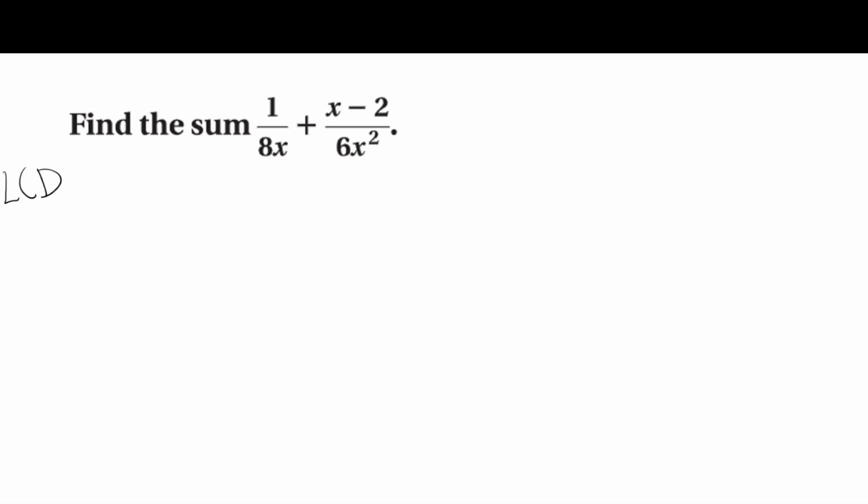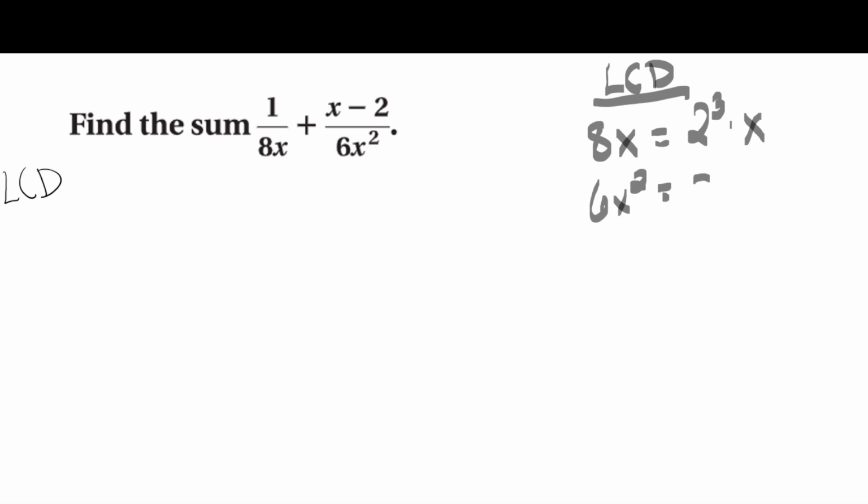So we're going to start with our least common denominator. The way we're doing that is we're going to look at the prime factorization of each. So 8x has a prime factorization of 2 to the third power, so 2 times 2 times 2 times x. 6x squared has a prime factorization of 2 times 3 times x.